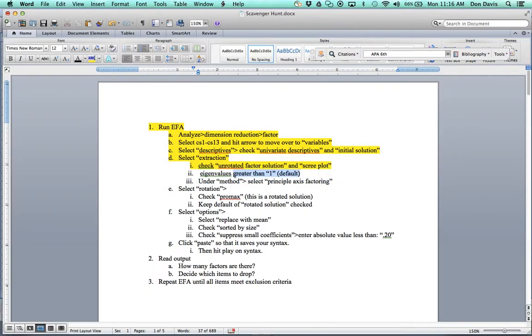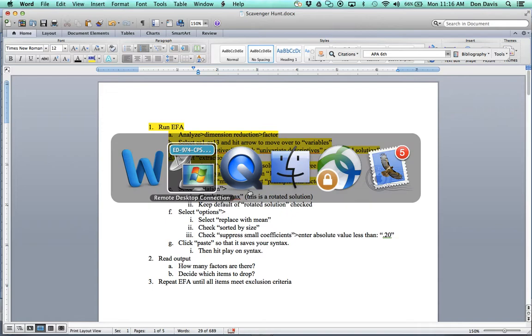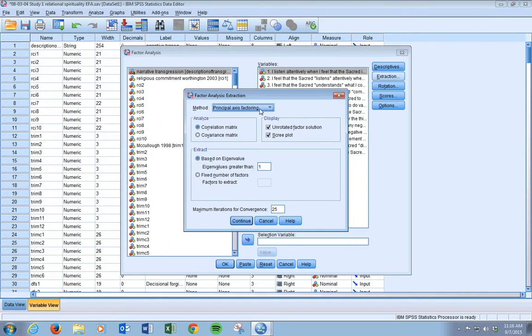We want eigenvalues greater than 1, that's a default, and then we're going to select our method. Many of these are similar, but the one that I prefer is principal axis factoring, and that's based on DeVellis' suggestion.